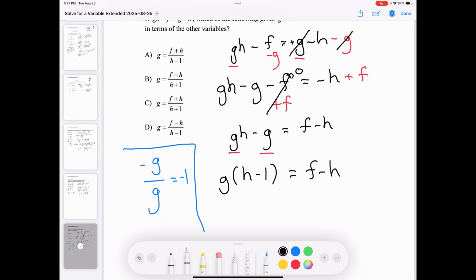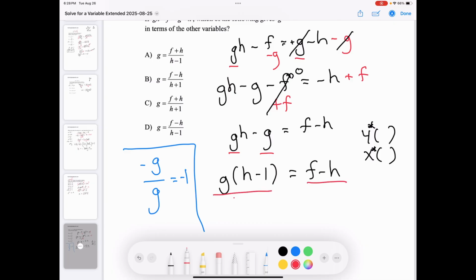Okay, great. All right, now I have G times, and inside the parentheses I have H minus 1. So the G is multiplying the entire H minus 1. Remember, whenever you see a variable, well, I explained it as a number next to a parentheses, but it also applies to a variable next to a parentheses. This is also multiplication. So I'm going to apply the opposite, which is division.